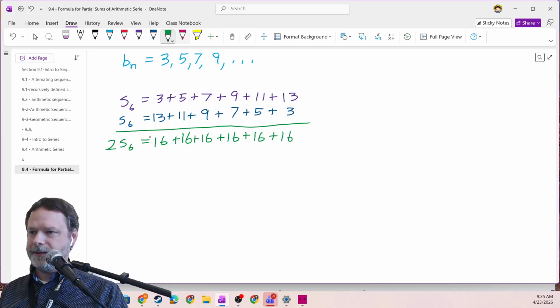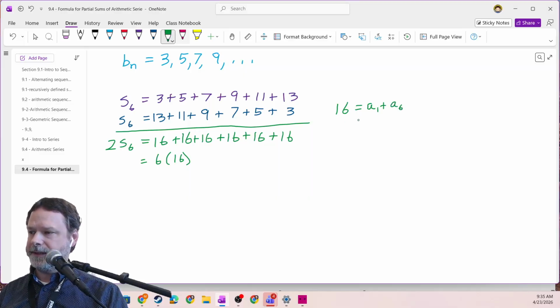Okay, so again, we got the same trick. And so it is, once again, 6 times 16. And once again, 16 was the same as my A1 plus my A6.